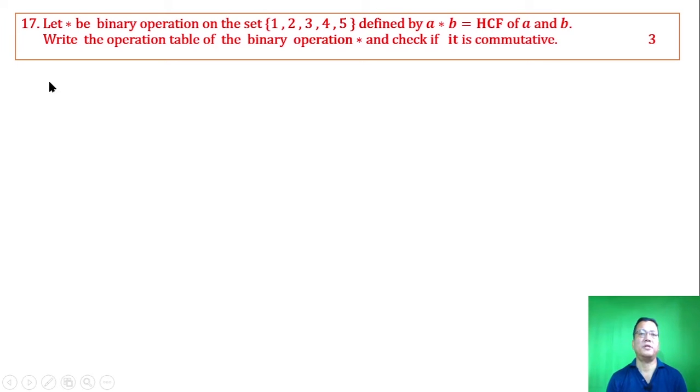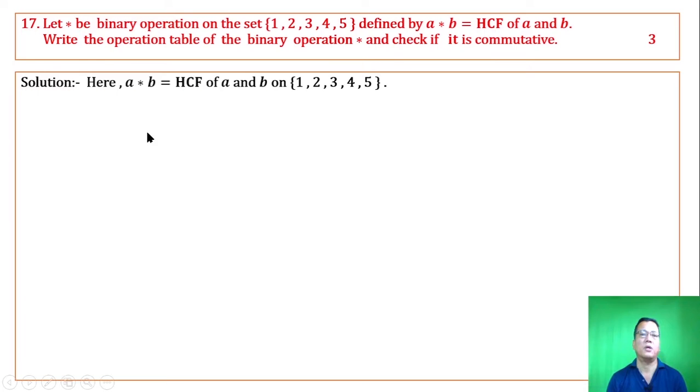Question number 17. Let asterisk be a binary operation on the set consisting of 1, 2, 3, 4, 5 defined by a asterisk b is equal to HCF of a and b. Write the operation table of the binary operation asterisk and check if it is commutative. 3 marks. Here a asterisk b is equal to the highest common factor of a and b on the set 1, 2, 3, 4, 5.